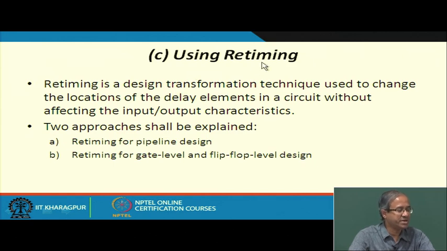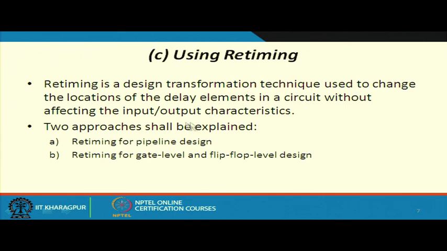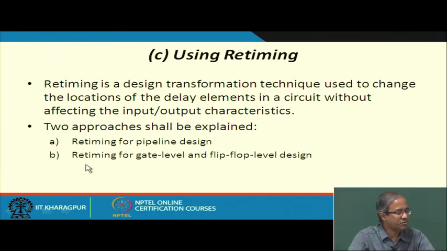Retiming is something which we talked about earlier, but earlier we used it to improve the performance of a design, and now we are talking about retiming for improving the power dissipation performance. Here we shall be looking at retiming for a pipeline design and also retiming for a gate level design with flip flops. We shall see some examples.